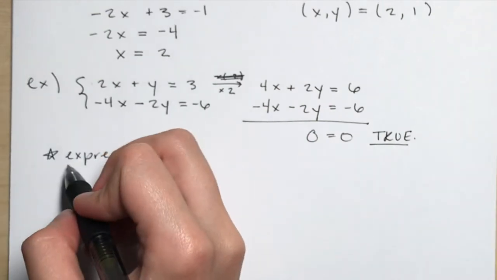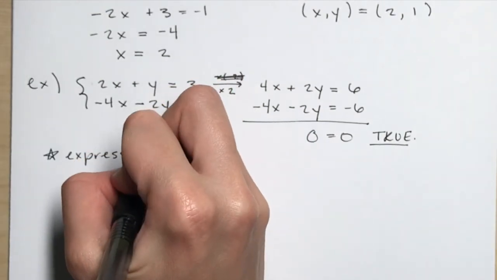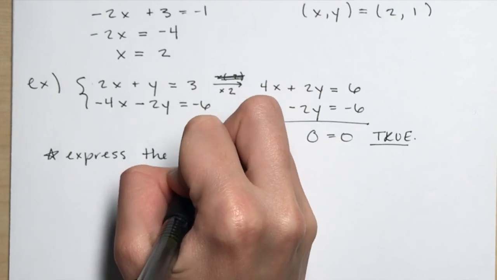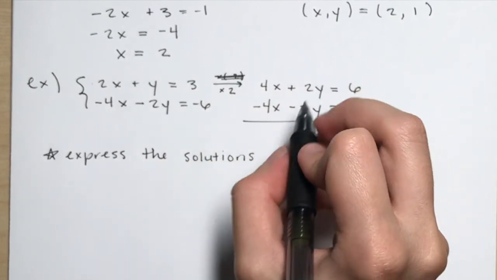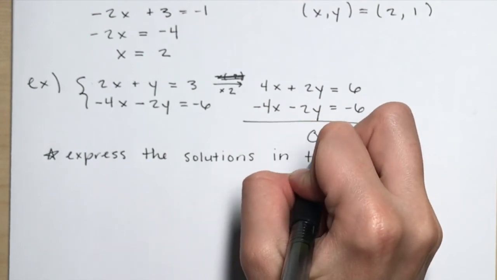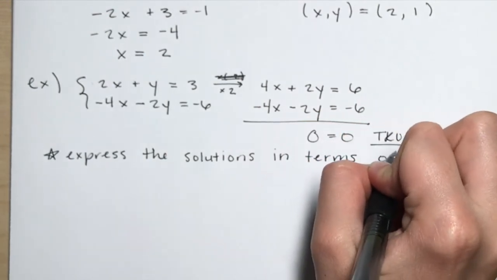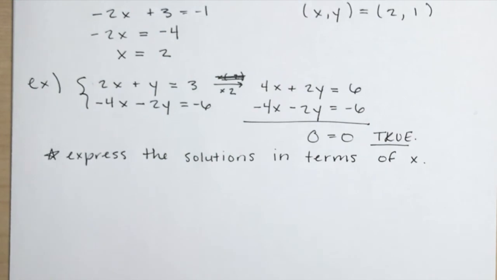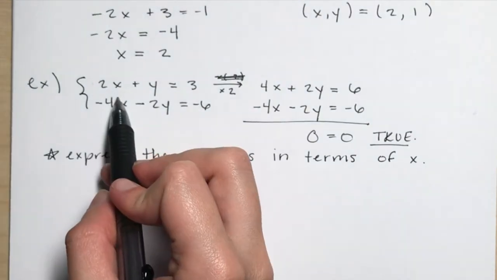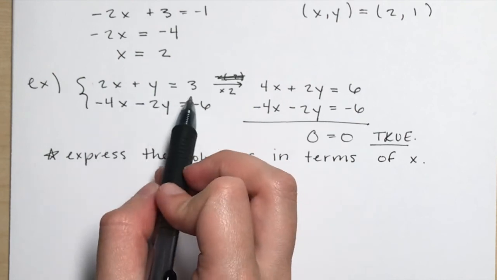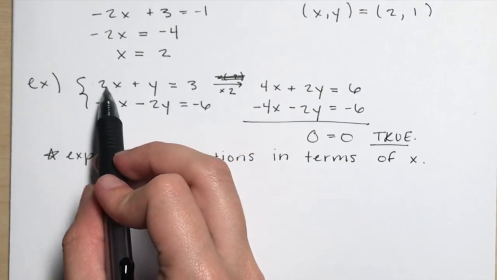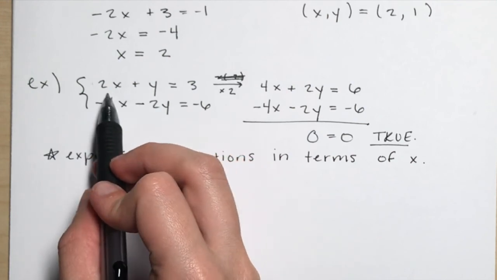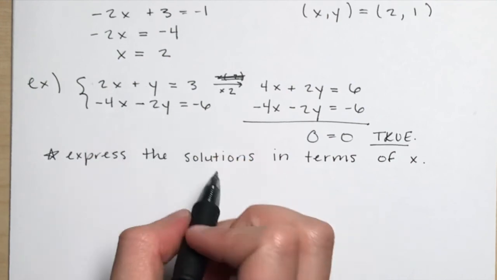Let's say that the question asked us to express the solution in terms of x. Last time we did it in terms of y, this time we're doing it in terms of x. Again, that means we're kind of trying to figure out what y is in terms of x. So finding y in terms of x just means solving for y.